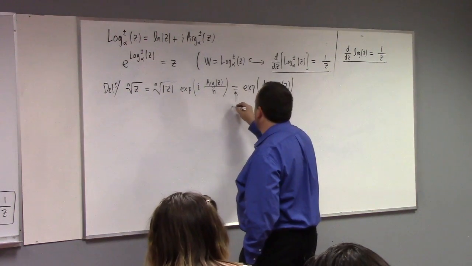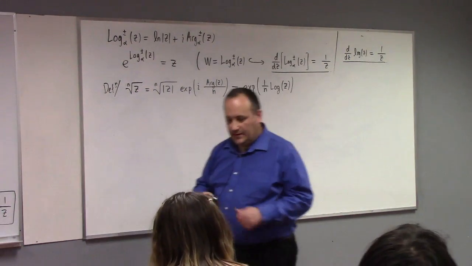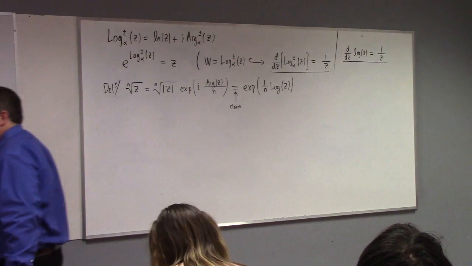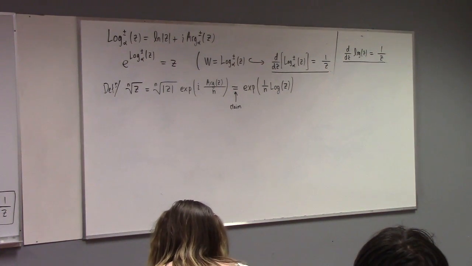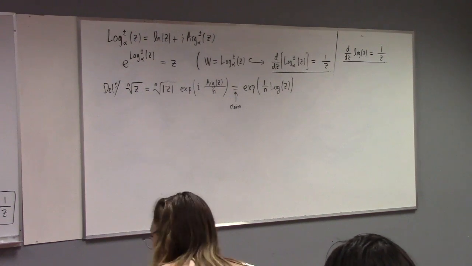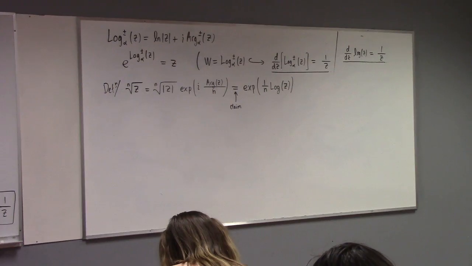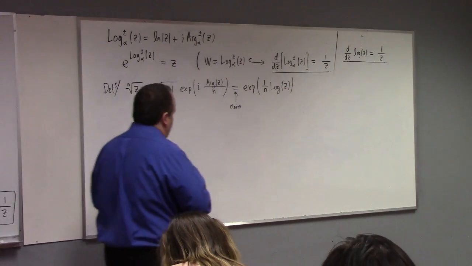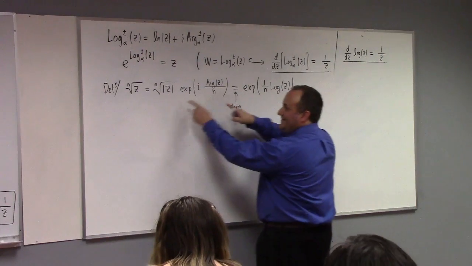So here's a claim. It'd probably be good for you guys if I work that out. Let's work that out. How are we going to work it out? I say we start over here and try to get back to here.